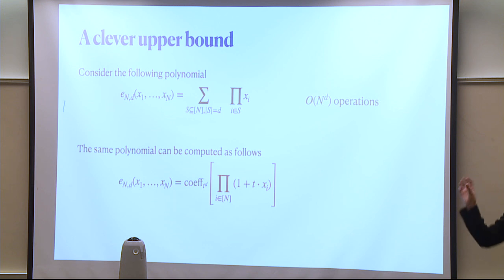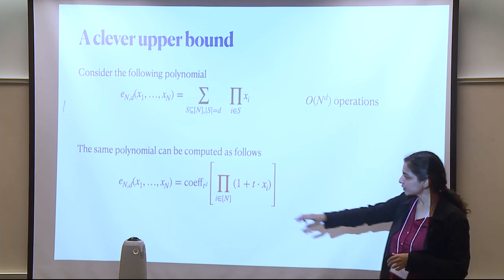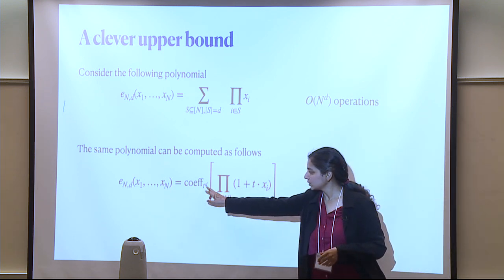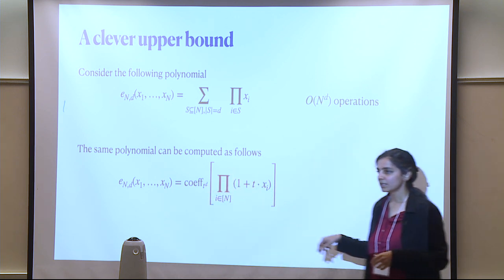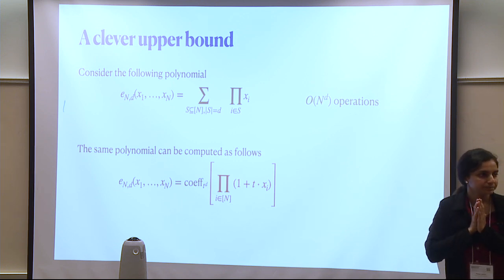If you think of this polynomial as univariate in t with coefficients from polynomials on x1 to xn, then you can easily observe that the coefficient of t to the d in this polynomial is in fact the elementary symmetric polynomial.